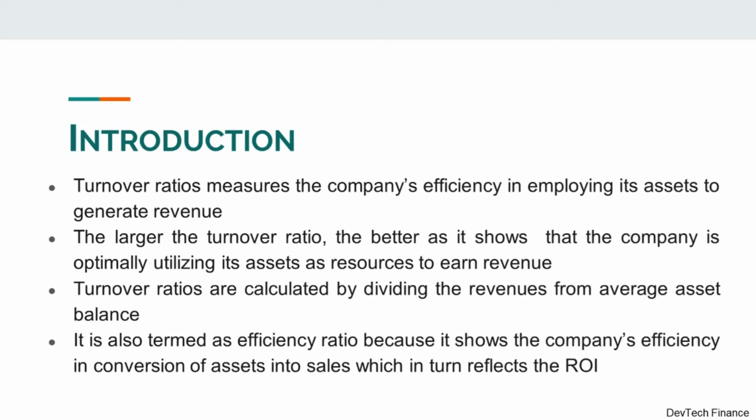The last point is that it is also termed as efficiency ratio because it shows the company's efficiency in conversion of assets into sales, which in turn reflects the ROI. Why is the term ROI being used here, which is the return on investment? Because if a business is having so many assets, there is a lot of amount employed in buying or acquiring those assets.